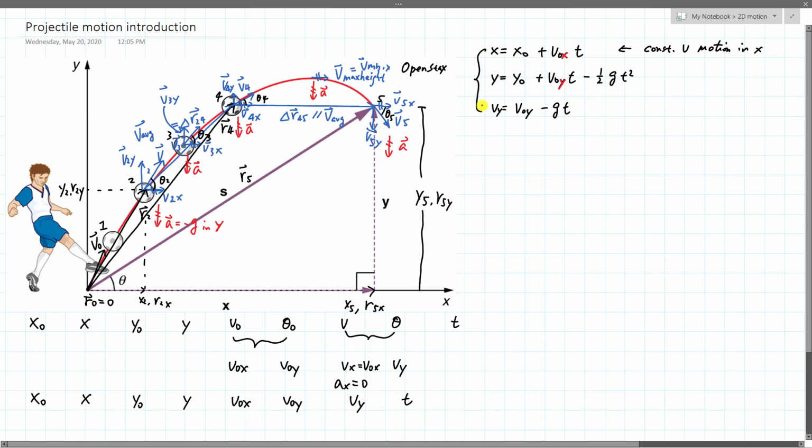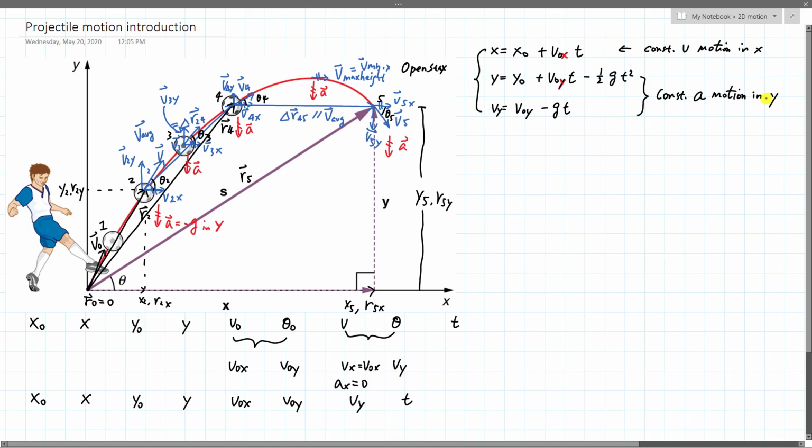So this is our system of 3 equations, and this one's constant velocity motion in x. This is constant acceleration motion in y. So that's how this thing works out.